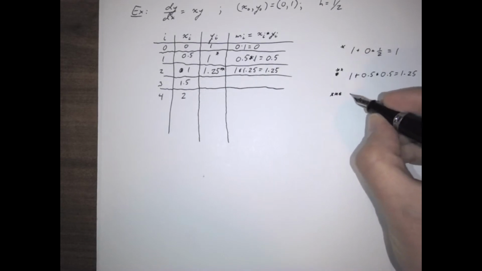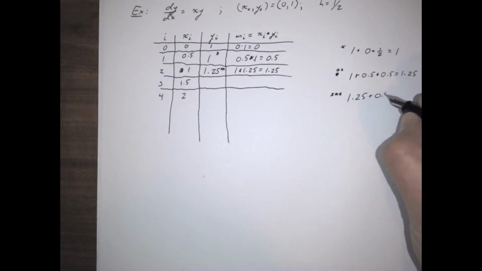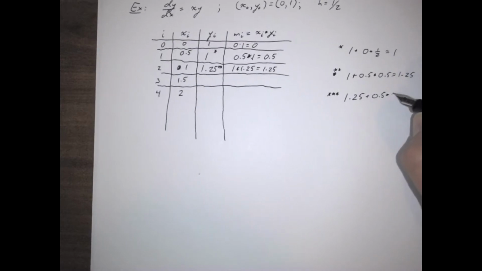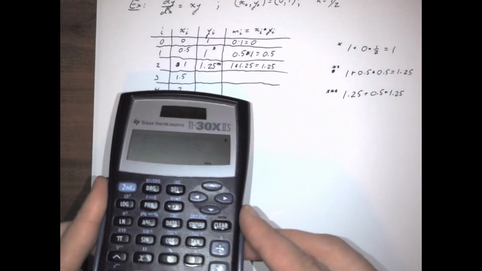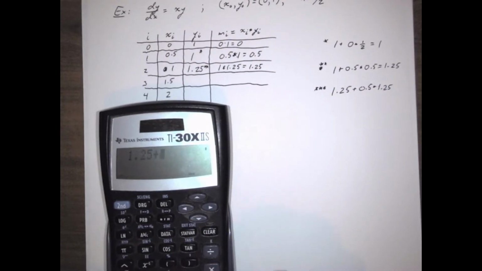So I'll just calculate it again. h times 1.25, which we can just pull out any old basic calculator for, nothing too fancy necessary here, and just crunch the numbers. And we get 1.875.